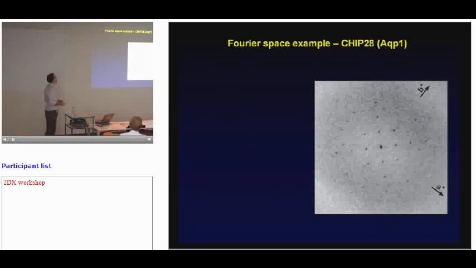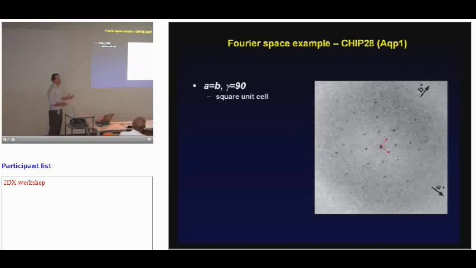And you'll see that in this example, which is the final example I'm going to discuss before I finish up. So these are crystals of aquaporin 1, or CHIP28 it was referred to when it was published. And what you'll see here is that by looking at the phase and amplitude data that's present within this Fourier transform of the crystal, you can adequately resolve what the unit cell symmetry is that's in place here. So the first thing we get is the values of A and B and gamma.